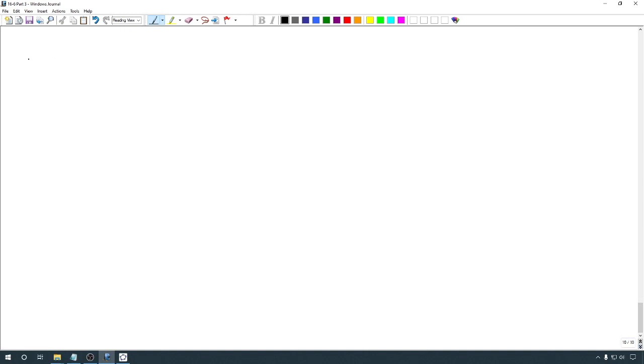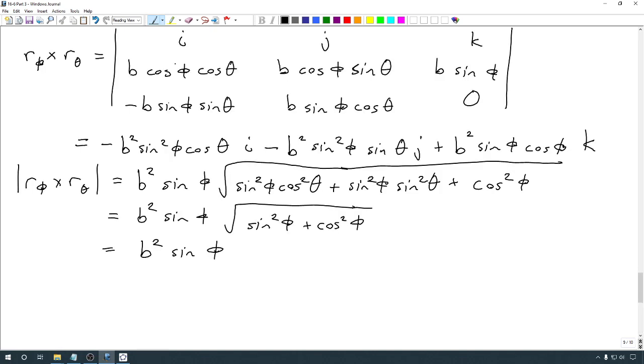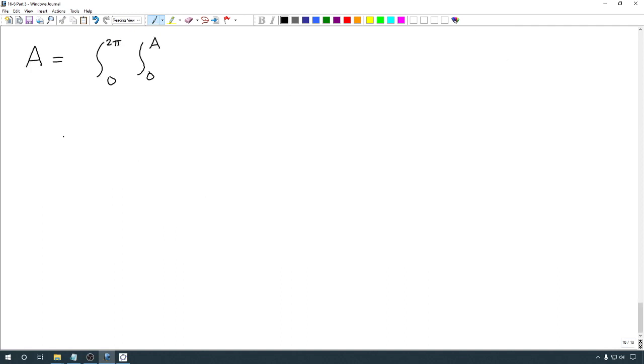But the point here is that we're now going to take the double integral over that. Remember, theta is going from 0 to 2 pi. Phi is going from 0 to a, where a is our special angle that we haven't really messed with yet. We're integrating b squared sine phi d phi d theta.